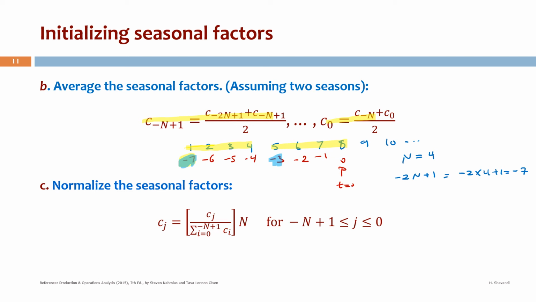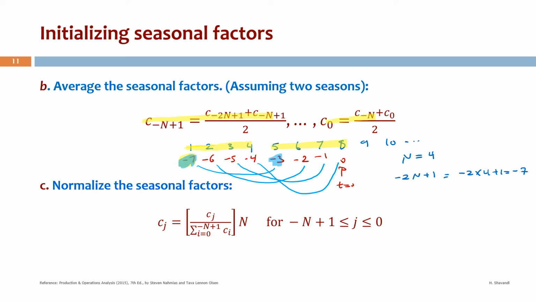So we are considering these two together and taking the average between these two parameters as the seasonal factors, and then these two, and then these two, and then these two, right? So this is how we take the average for the like periods for the seasonal factors.